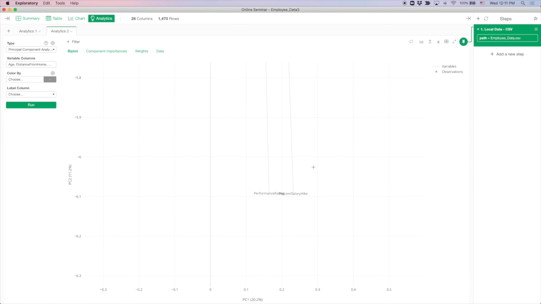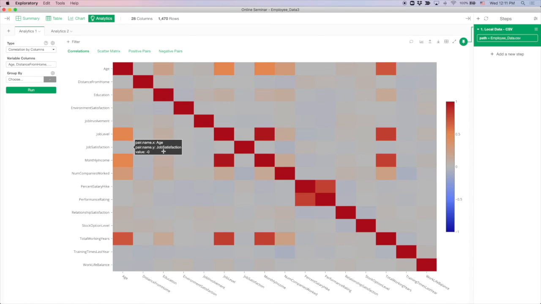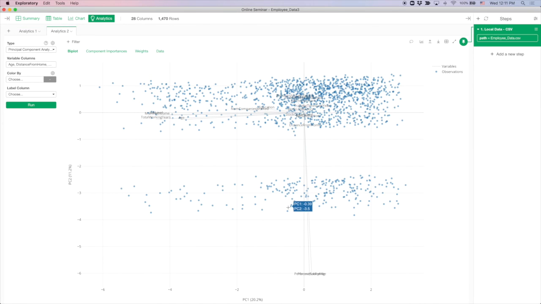These two, when you go here, the percent salary hike and performance rating have a correlation of 0.77, relatively high, and that's presented almost on the y-axis. And on the x-axis, we see total working years and monthly income.